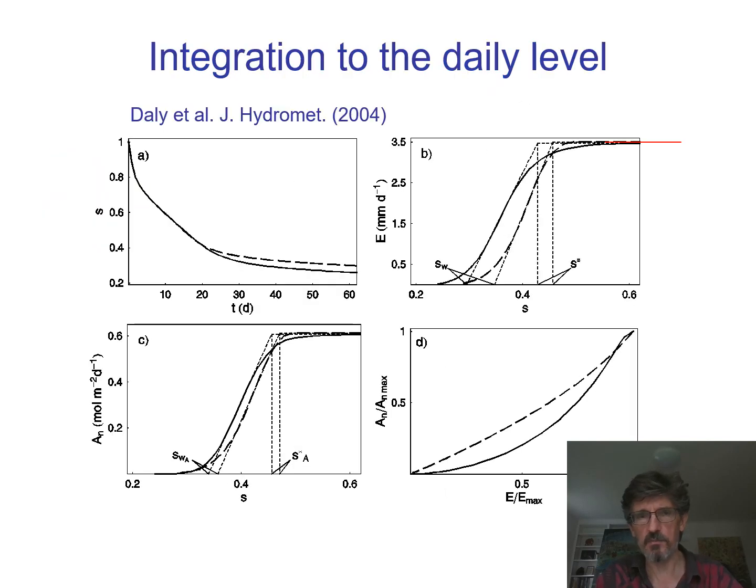So this was done here by Edoardo Daly in his 2004 paper, where he basically plotted, during the dry down that was simulated in the previous slide, soil moisture now integrated continuously over a window of 1 day, and how it goes down smoothly. So you don't see anymore the step change between day and night, but still the same behavior of decay, faster at the beginning, starting from 1, where there is the leakage part.